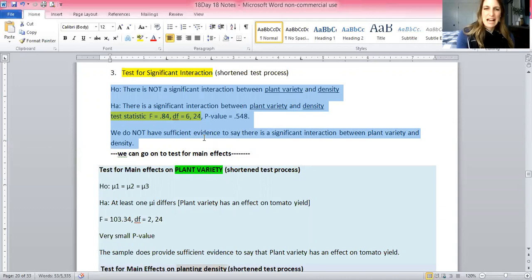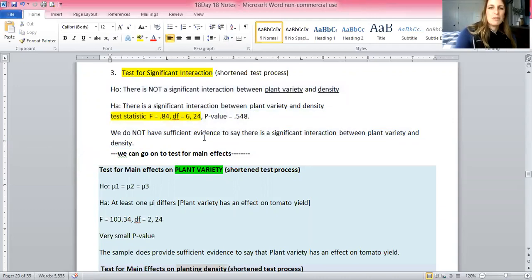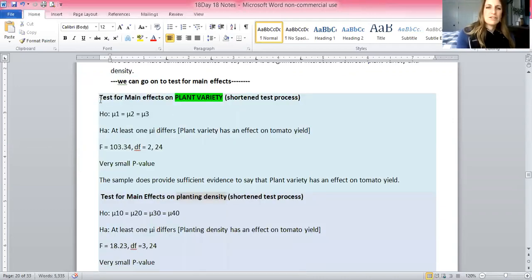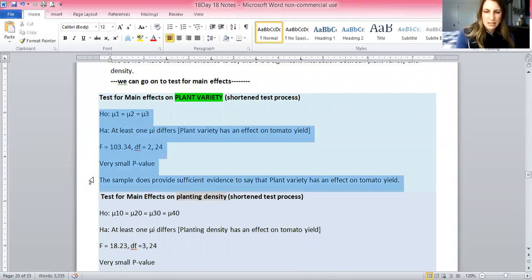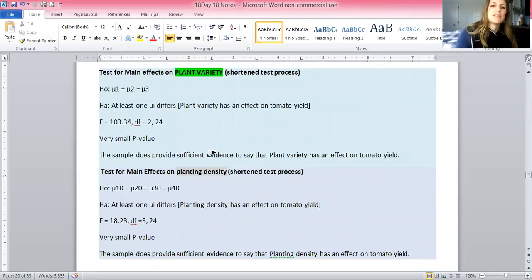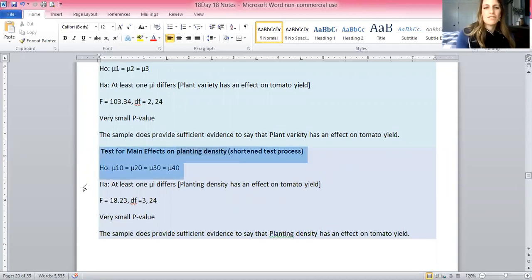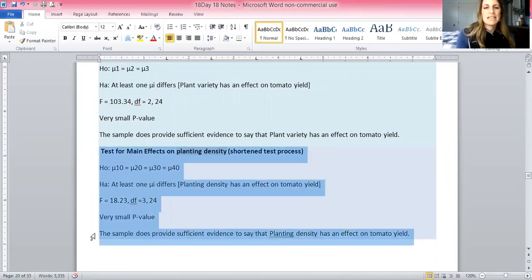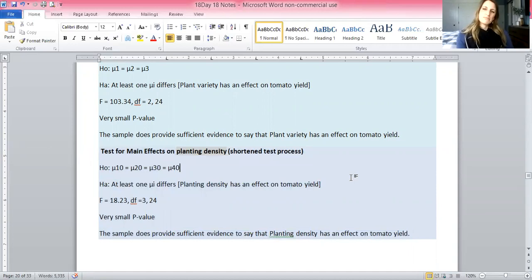Since I did not reject the null, I'm going to move on to my main effects. Here's factor A. I am going to do a quick test there to see if something is different in my means for factor A. Then I'm going to do the same thing for my third test, but for factor B, to see if at least one mu i differs from the others. So that's what we're looking at for the test write-ups. You can see those clearly right there and what I expect to see.